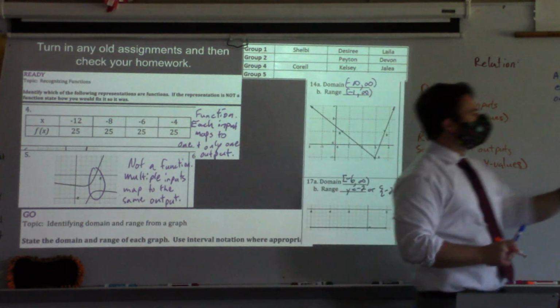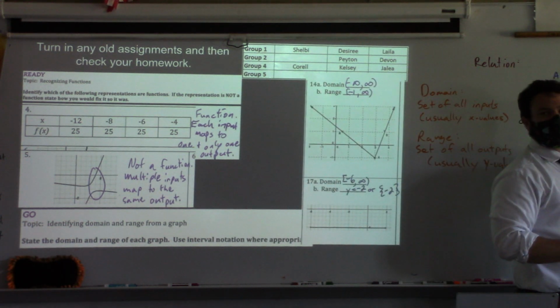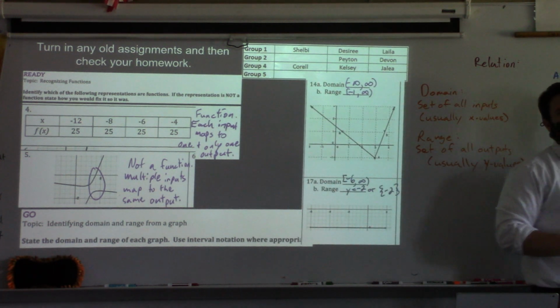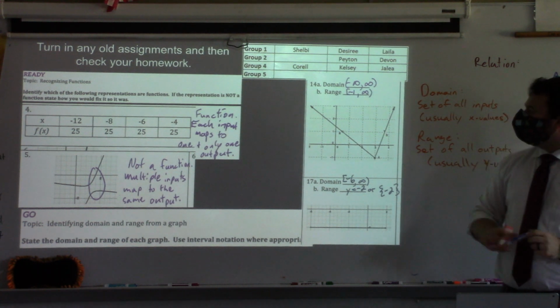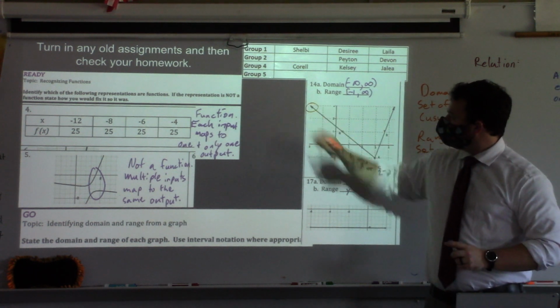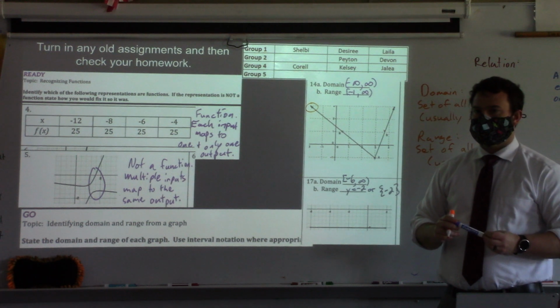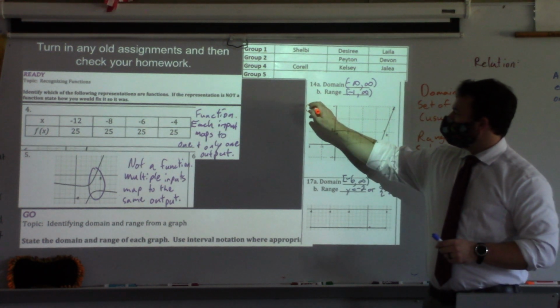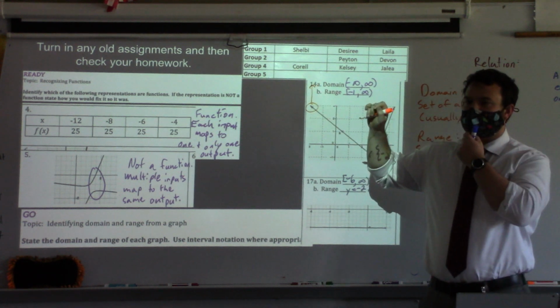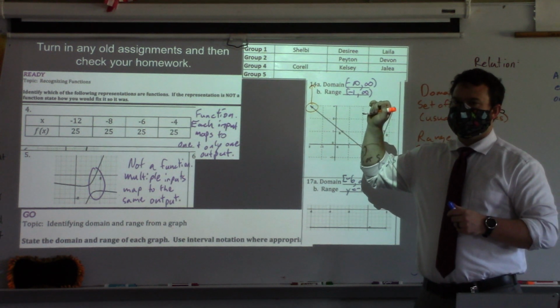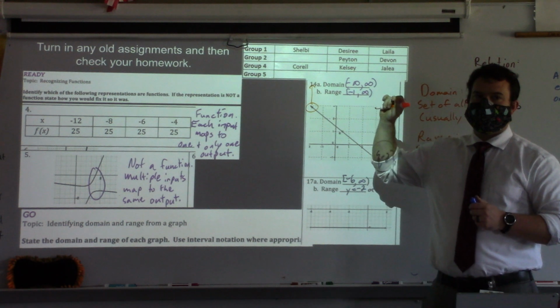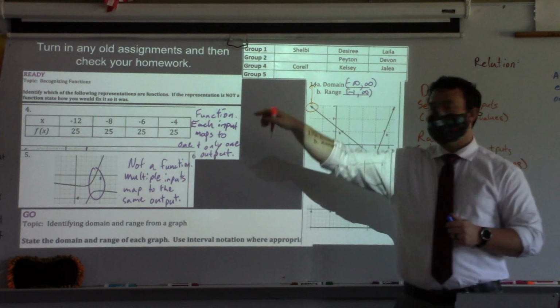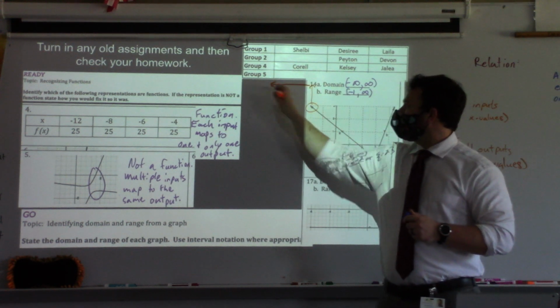Notice the interval notation starts at the minimum value, comma, whatever the maximum value is. So when you look here, what is the shape? It's going to keep going up, but it's also going to keep going to the left.